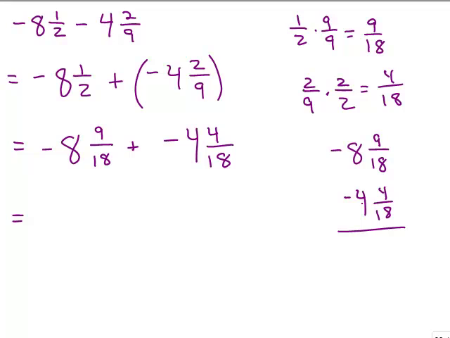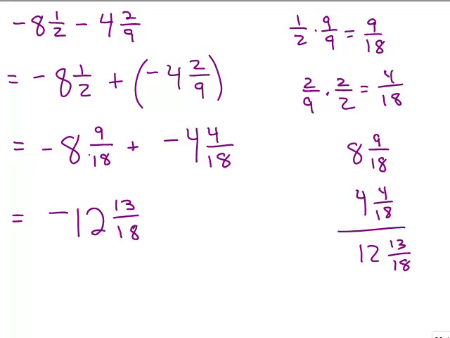Negative 8 and negative 4 add up to negative 12, and then I've got, actually, I'm not going to write the negative signs. That makes it more confusing. You're just adding, the answer is going to be negative, so we're adding the two whole number parts, the 8 and 9/18 and the 4 and 4/18. That's going to be 13/18. So my answer is negative 12 and 13/18.